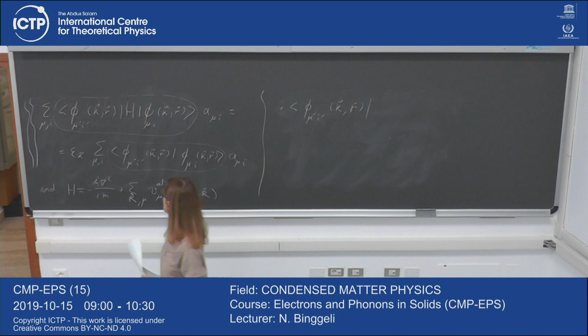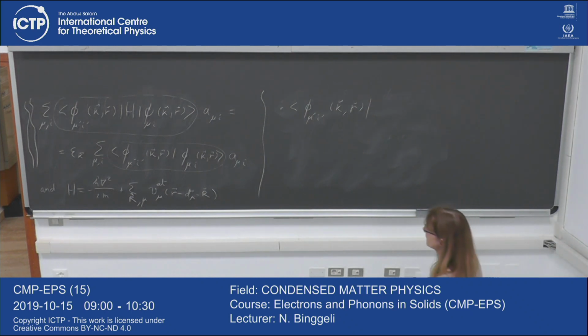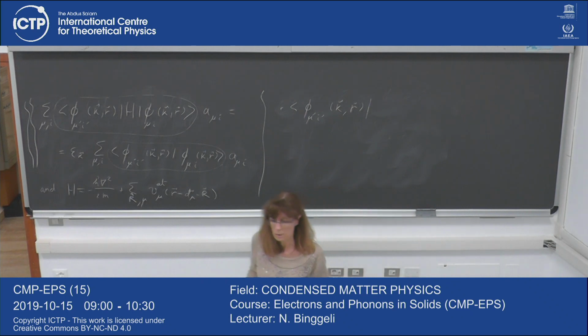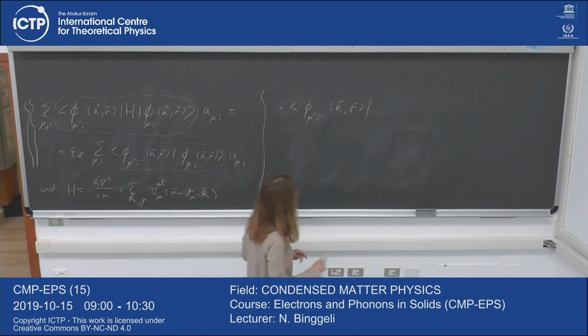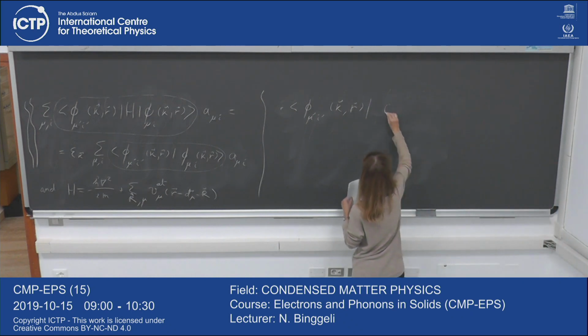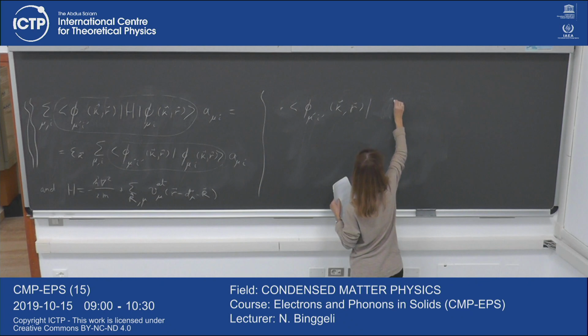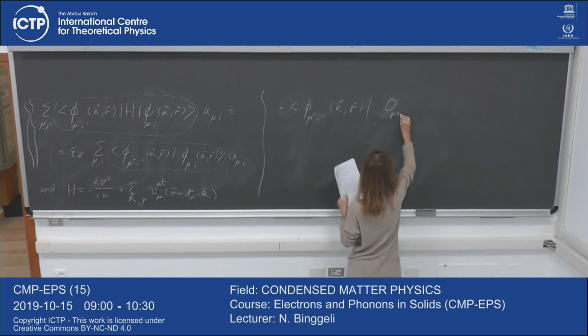That is, if one translates everything by a lattice vector, a Bravais lattice vector, one doesn't change the Hamiltonian. The crystal potential is periodic, and the kinetic part also. So we have a periodic operator, an operator that has the periodicity of the Bravais lattice. So O periodic.